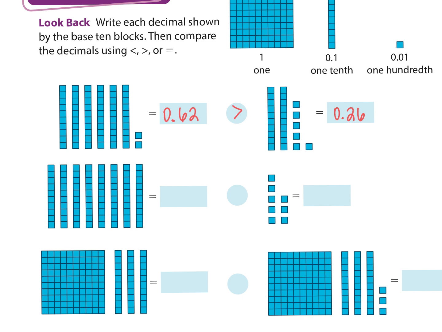Okay, the next one, how many tenths do I have? 0.8. I have 8 tenths. Okay, what about on the right side? How much is that? 8 hundredths. Which one has more? The 8 tenths does.